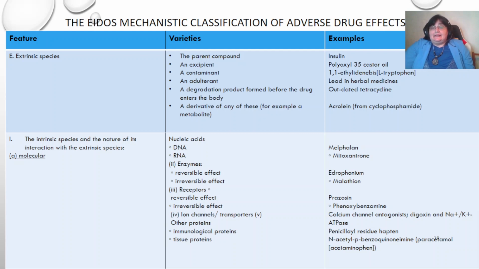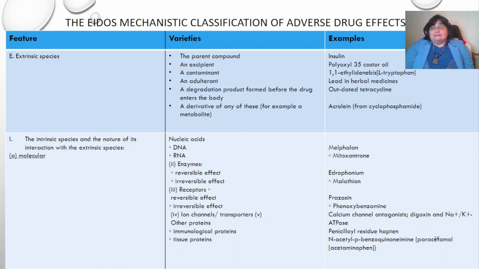For RNA, it will be mitoxantrone. Enzymes: reversible effects, for example edrophonium, and irreversible effects, for example methylation. And receptor: reversible effect can be prostacyclin, and irreversible effect can be phenoxybenzamine.